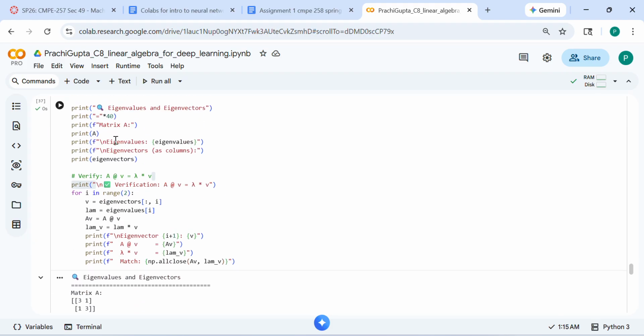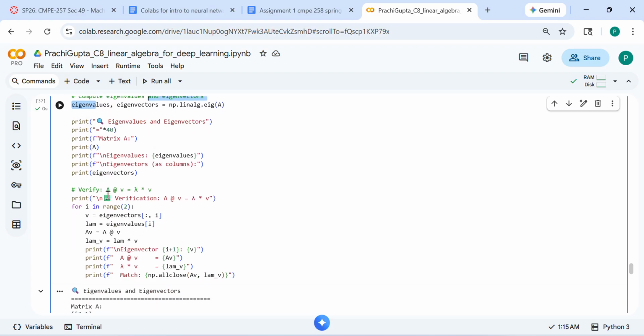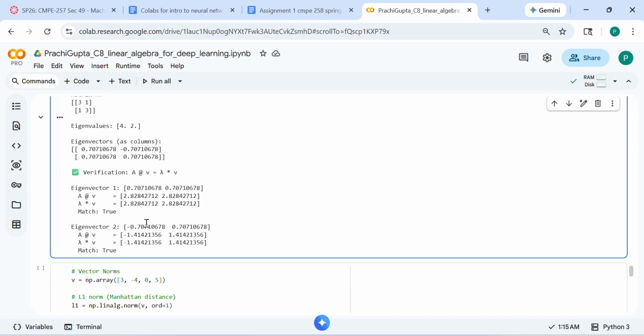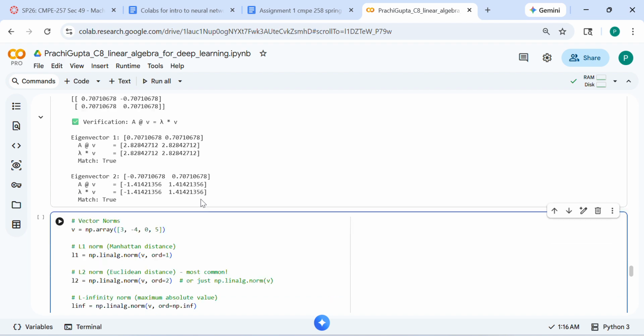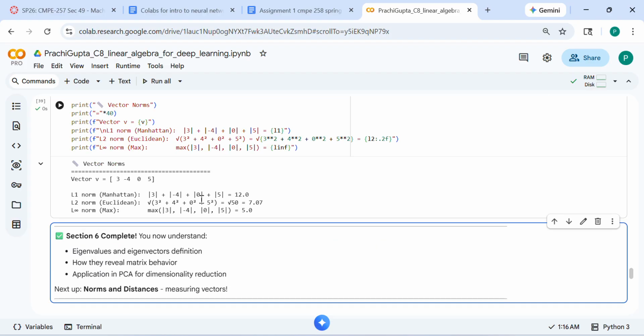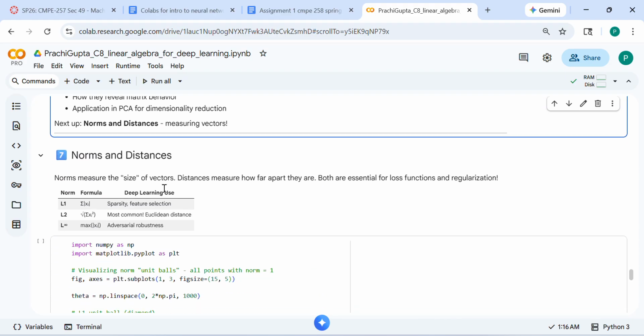We calculate both sides and print them out. Both are equal, so the formula is proved. We'll also run this. So section 6 is completed.